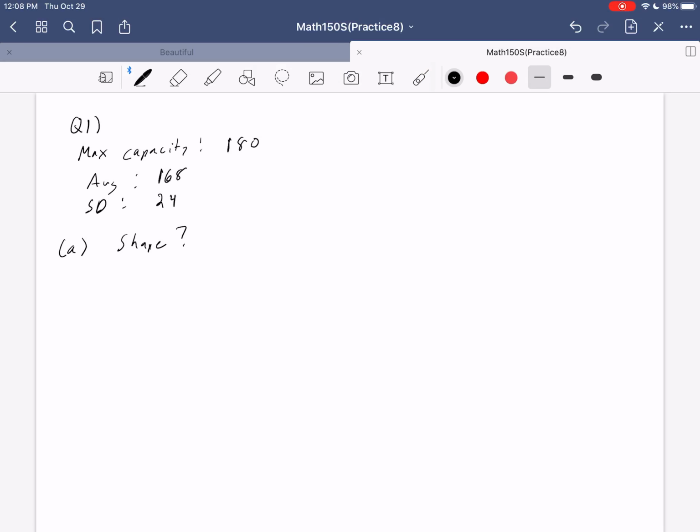So if we're drawing out what a histogram would look like, 0 is the lowest possible value and 180 is the highest possible value. And of course, 168 is somewhere pretty close to 180. So we're saying that there should be tall bars over here. Maybe something that looks like that.